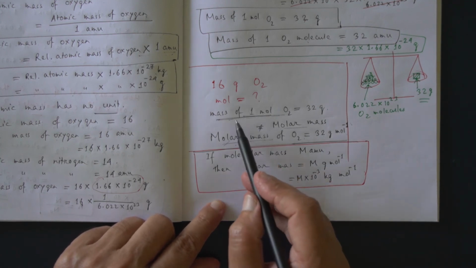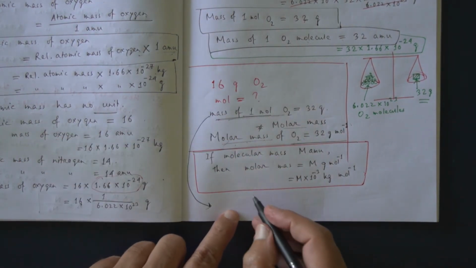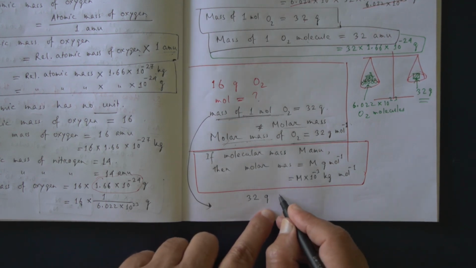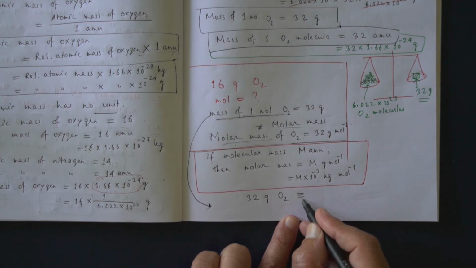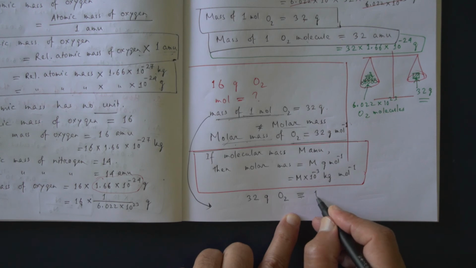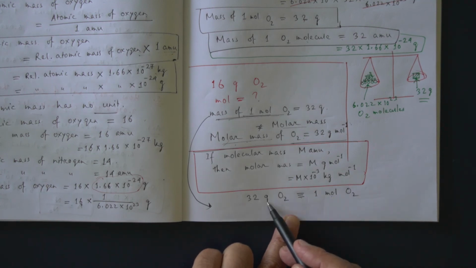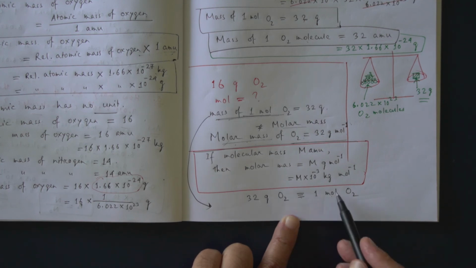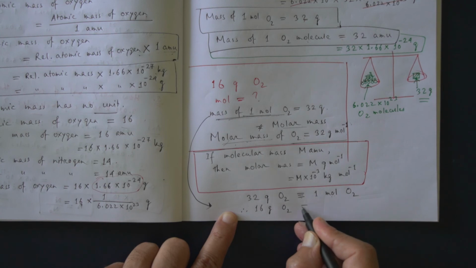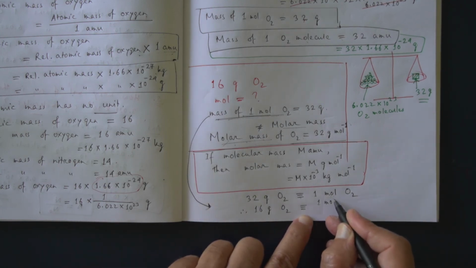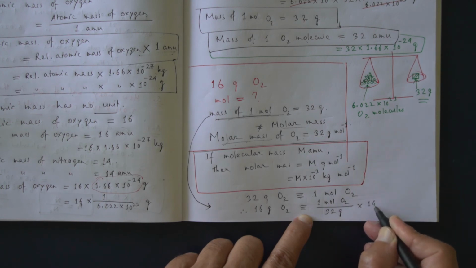Now look, mass of 1 mole is 32 gram. So here I take 32 gram O2. 32 gram O2 is equivalent, not equal. Not equal, we put three lines; that is called equivalent. 32 gram O2 is equivalent to 1 mole O2, because mole indicates a number and gram is mass, so mass and number cannot be equal, so equivalent. So 16 gram O2 is equivalent to 1 mole O2 by 32 gram into 16 gram.